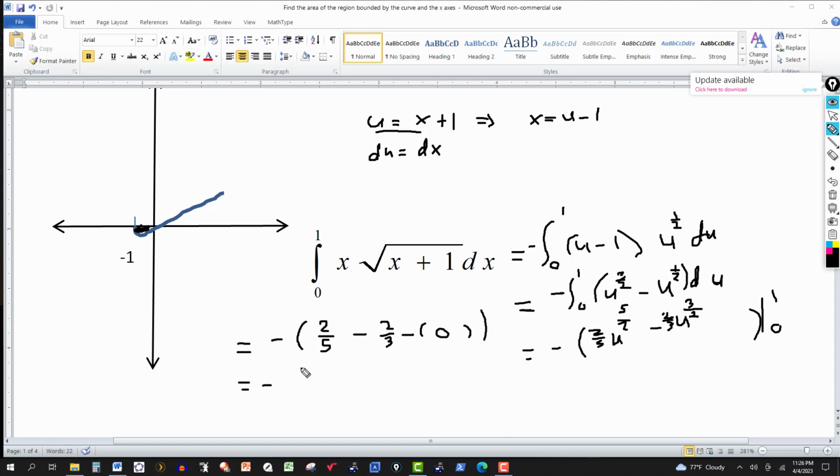So this is minus. The common denominator is going to be 15, so we'll multiply 2 by 3 to get 6 over 15. Multiply the other one by 5 to get the common denominator, so it'll be 10 over 15. So 6 minus 10 over 15 is negative 4 over 15.